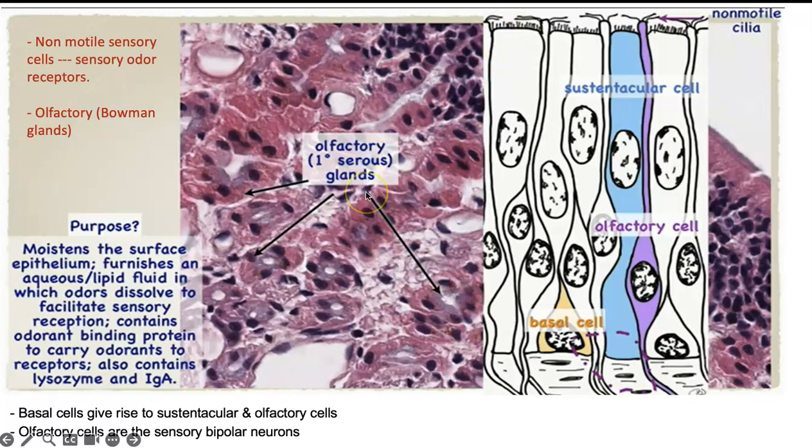olfactory serous glands. This gland is very important because it moistens the surface epithelium, right? And also, when the animal smells the odor, this gland furnishes an aqueous fluid to dissolve the substance, allowing, after dissolving, the substance to bind with odorant binding protein, which will be carried now to the receptor, right, to recognize the smell.